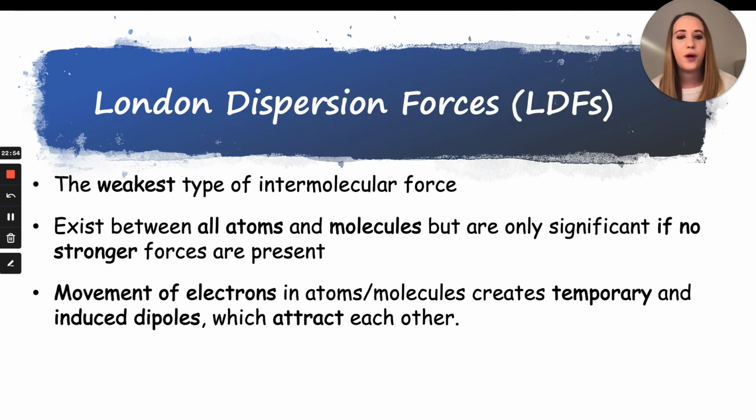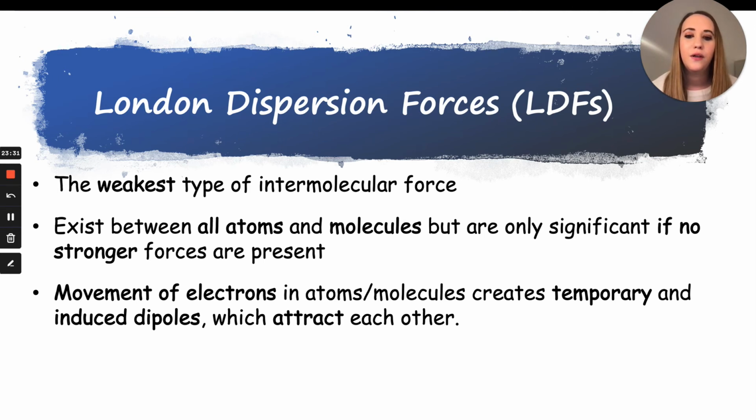Okay, so the reason why all atoms and molecules have LDFs between them is because they're caused by the movement of electrons. You've always got electrons in atoms, therefore you've always got LDFs between them. Electrons are randomly moving around in atoms all the time, and sometimes that means temporarily, for a fleeting moment in time, all the electrons might be at one side of an atom, and then another side, and then up at the top and then down at the bottom.